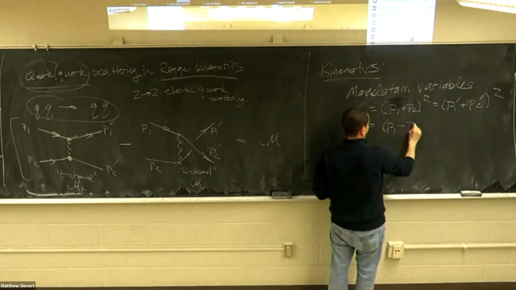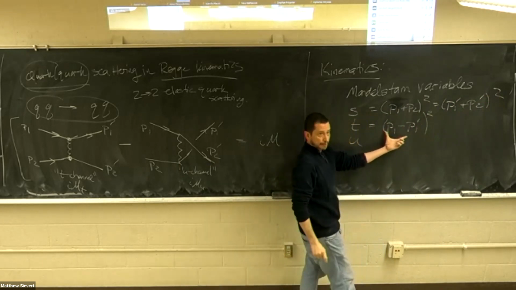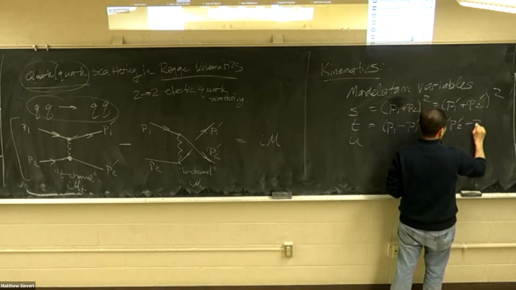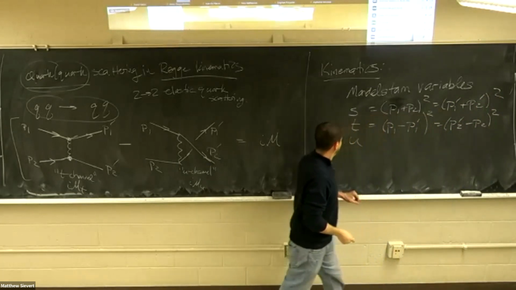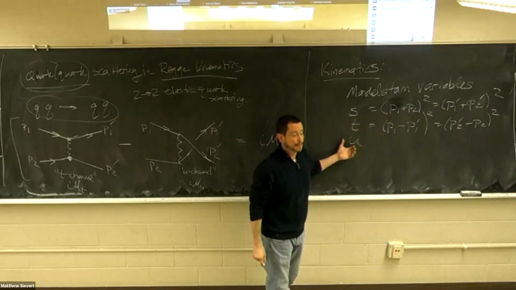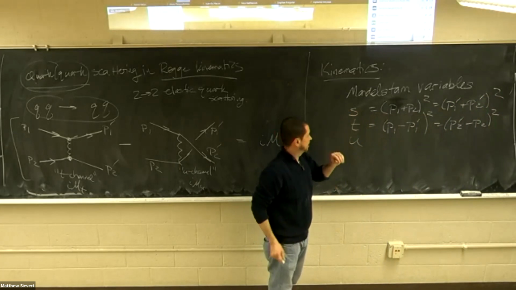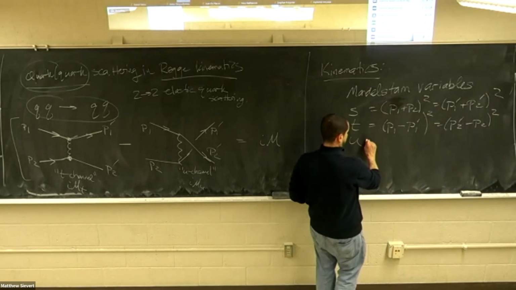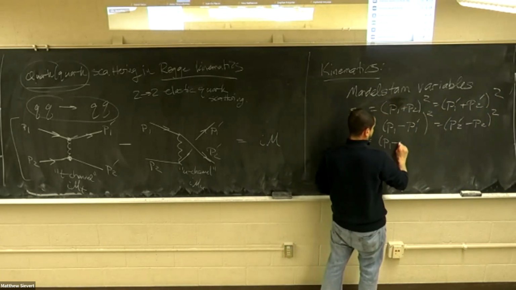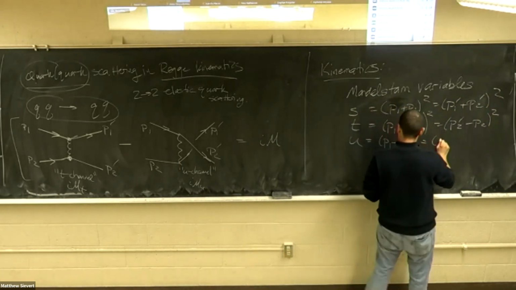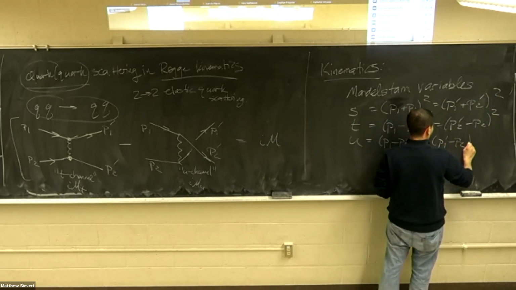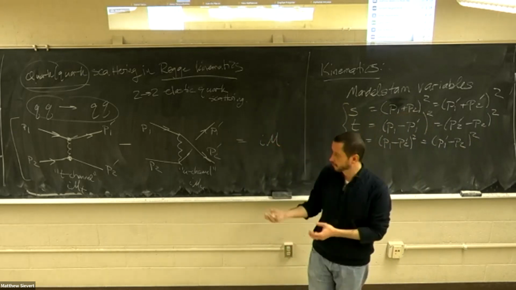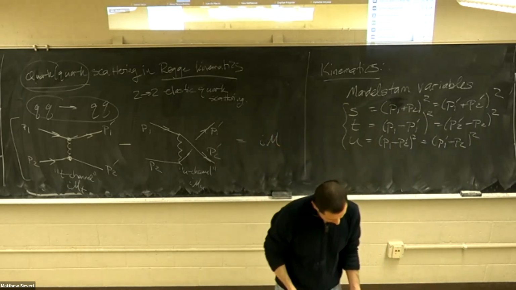That's the difference between particle P1 coming in and P1 prime going out, and by momentum conservation, that's the same thing as P2 prime minus P2, squared. And then U is the only remaining independent combination. That's a scrambled up combination that mixes initial state and final state, and it mixes particle 1 and particle 2. So this is something like (P1 minus P2 prime) squared, which is the same thing as (P1 prime minus P2) squared. The Mandelstam invariants are the most natural way to describe the kinematics of this process.